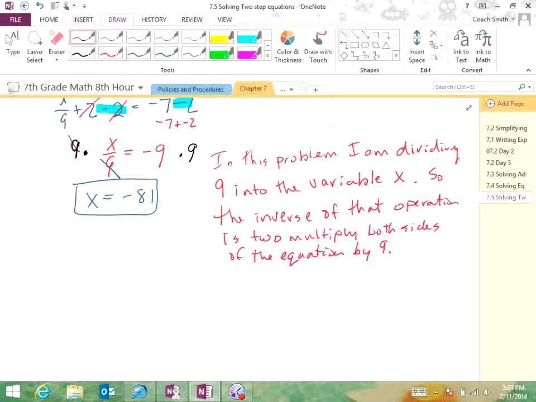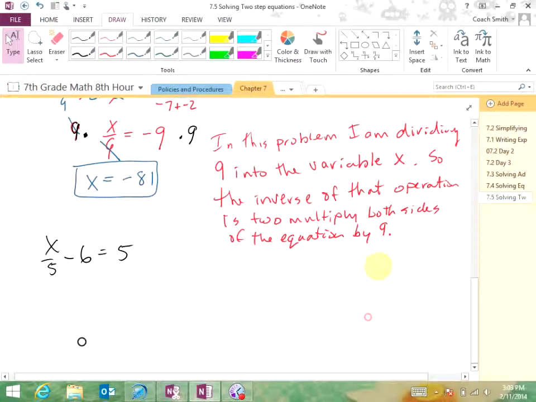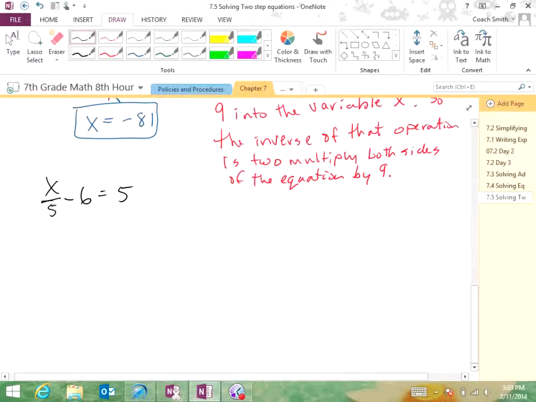All right. Now, I want to do another one of those that has subtraction with it instead of addition. So we've got x over 5 minus 6 equals 5. Once again, we do the addition or subtraction first. So that gives us x over 5 minus 6 plus 6 equals 5 plus 6.